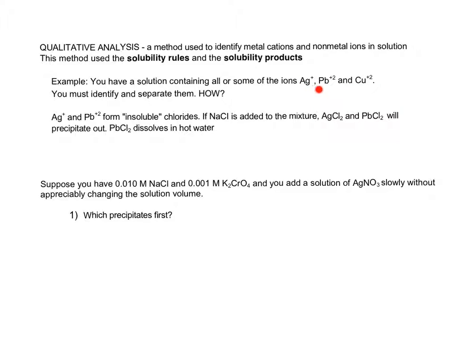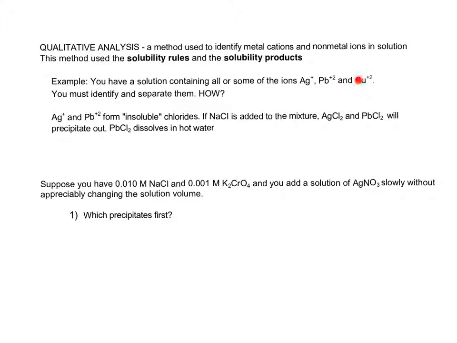So a good way to separate these two from the copper 2+ would be maybe to add a source of chloride, like maybe HCl or NaCl. If I add NaCl, then the AgCl and the PbCl2 would precipitate out, and what you would be left with in solution would just be your copper 2+ ions.